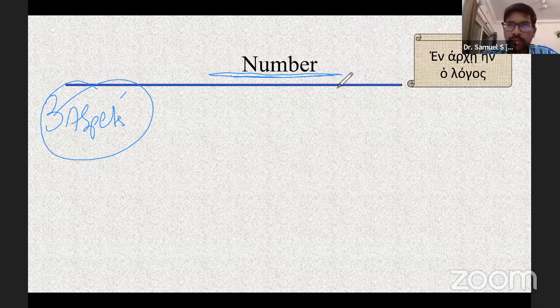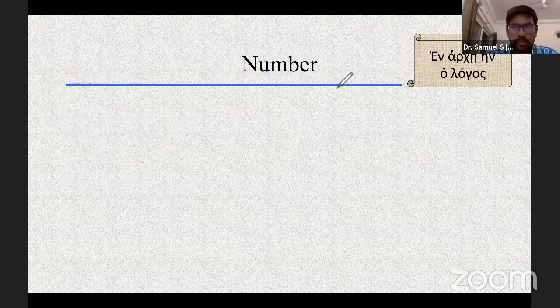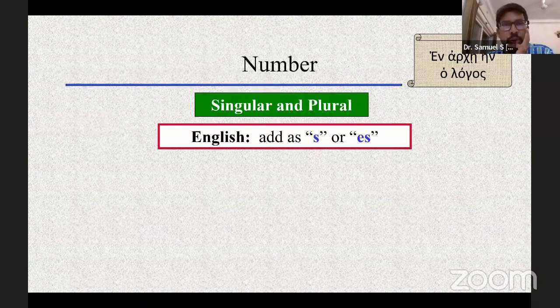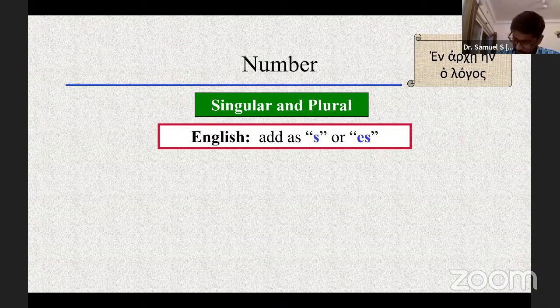What is number? Number is either singular or plural. There are two categories of number. You can either have singular nouns or plural nouns.